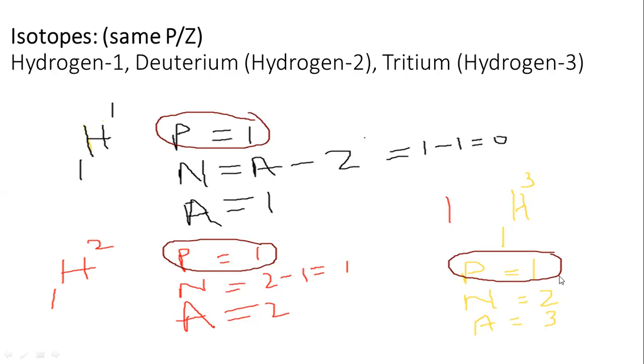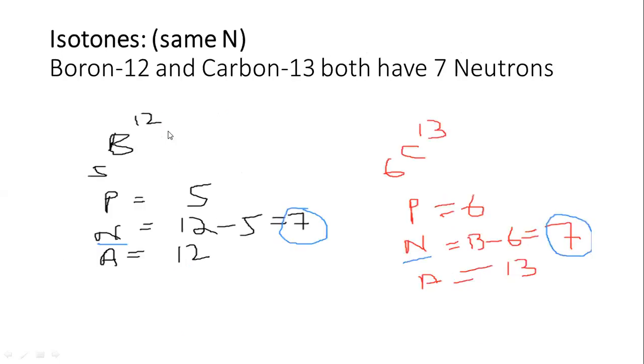So here the protons are the same. If you have a look at the number of neutrons, 0, 1 and 2, neutrons are different. And the mass number over here is 1, 2, and 3. The mass number is also different, neutrons are also different, but the number of protons will be the same. These types of nuclides are called isotopes.